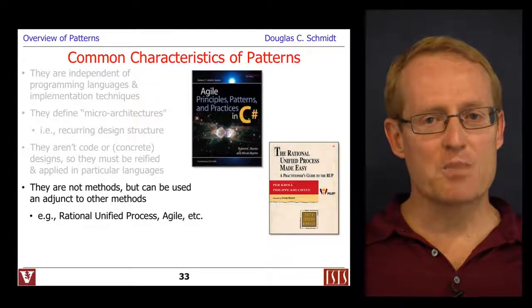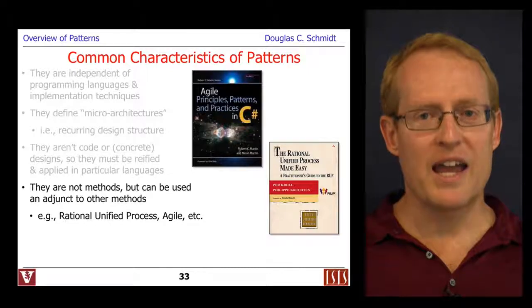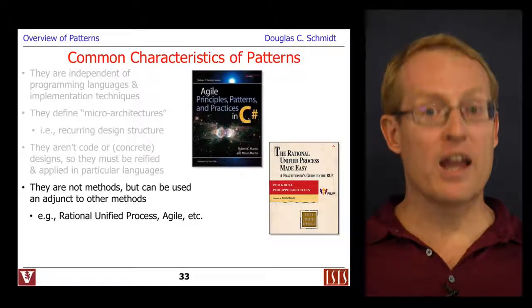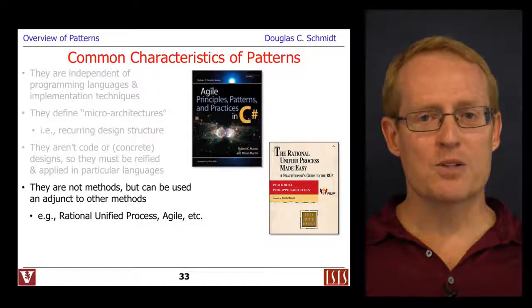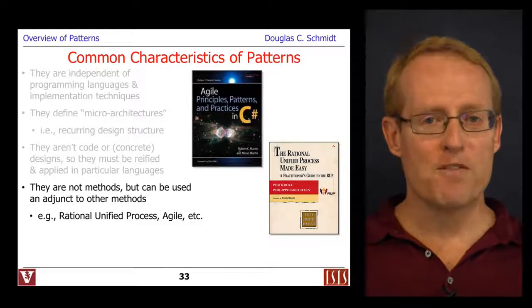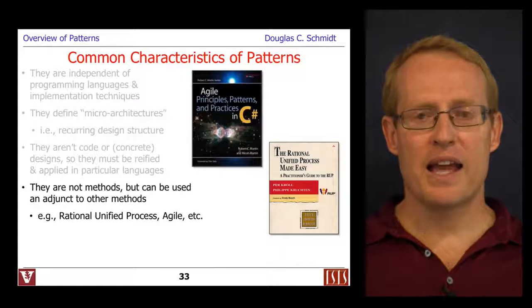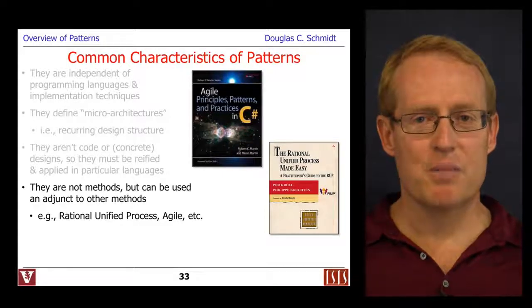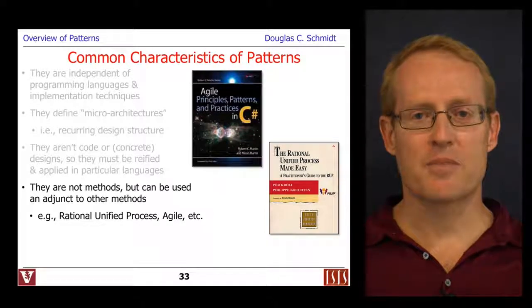Instead, when you do various parts of the design of your software in those methods, you can use patterns to try to capture the recurring design and the recurring structure and behavior more effectively so people can learn from them and not have to repeat the same mistakes that people might have made in the past.